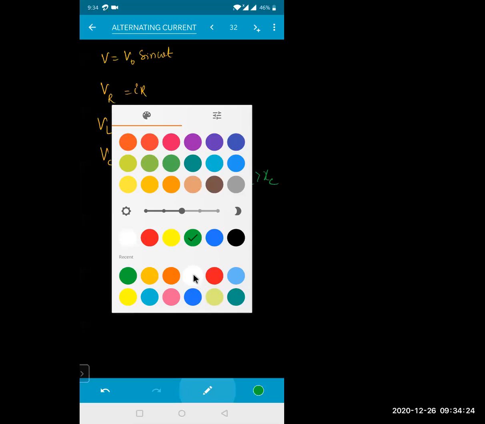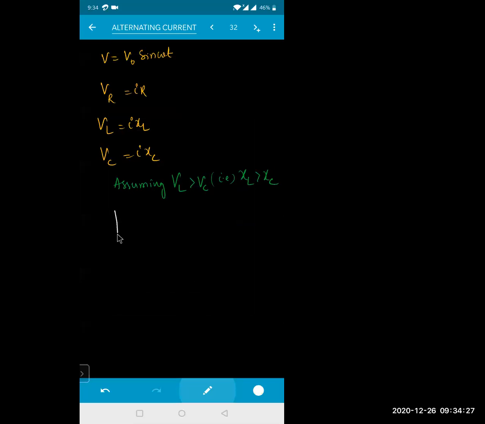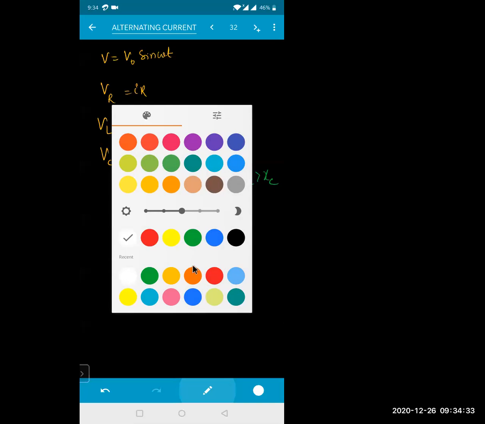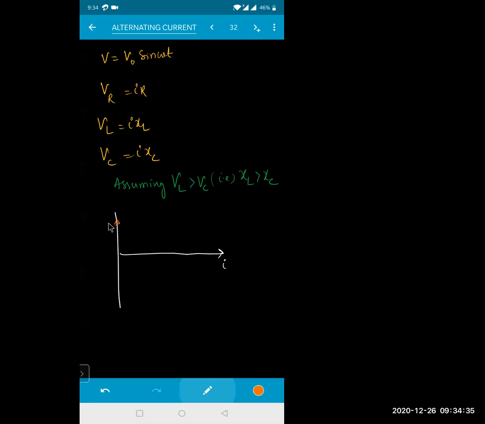On the x-axis I told you we will be taking current. On the y-axis we'll be taking the potential across the inductor, down we'll be taking the potential across the capacitor, and here we'll be taking the potential across your resistor. And this is your O. On the y-axis we are taking the voltage, isn't it? On the x-axis we are taking the current.